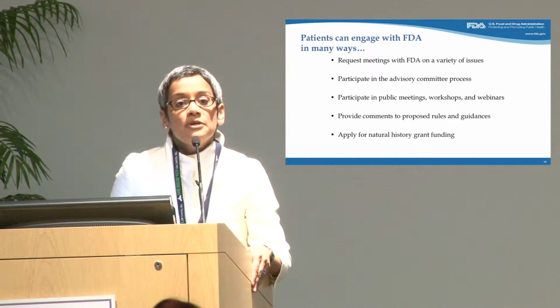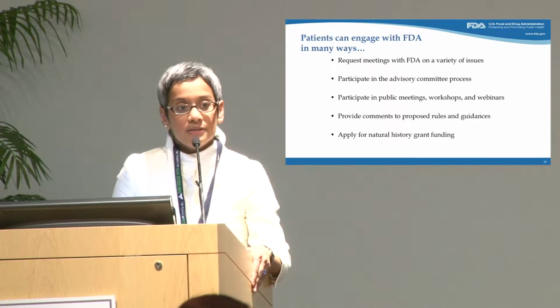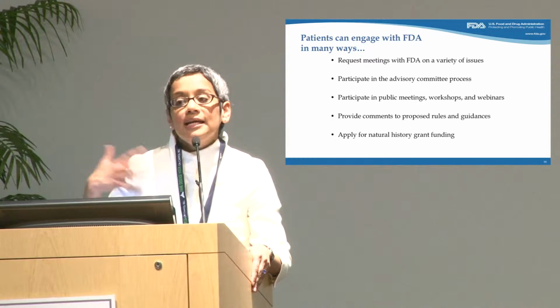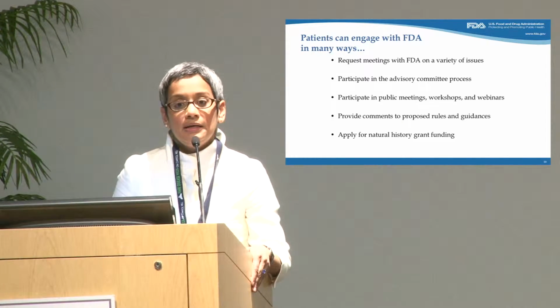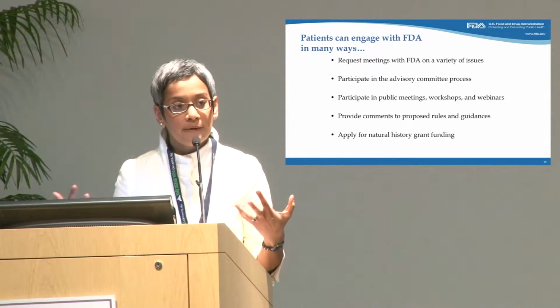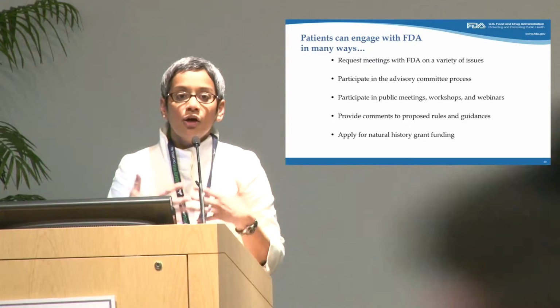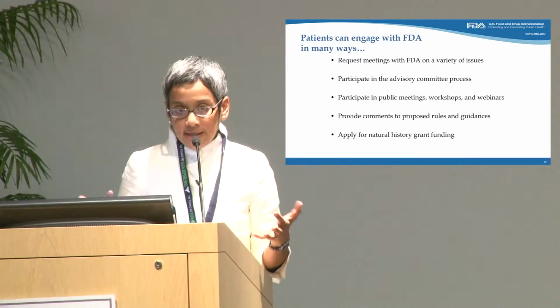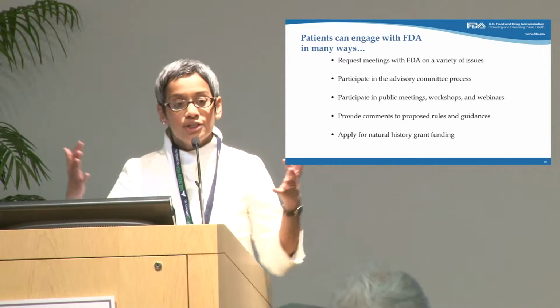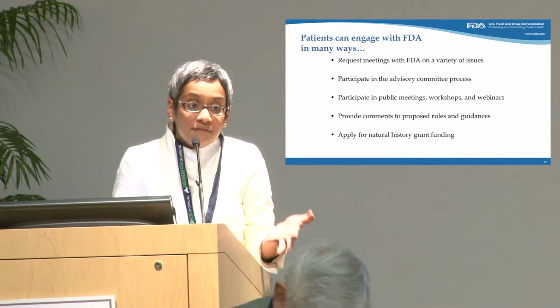One of the most important things that patient advocacy groups can do is to get educated about the FDA process and to educate your membership about the process, to really understand what role we have to play. FDA is governed by laws and regulations, and there are very strict guidelines within which we have to function.